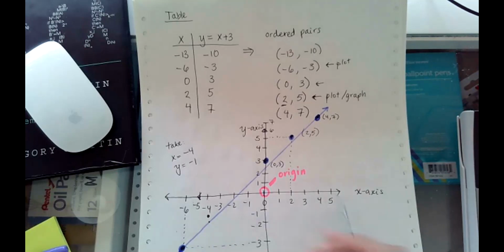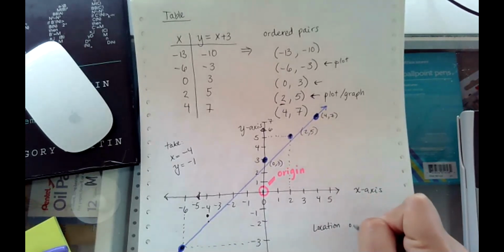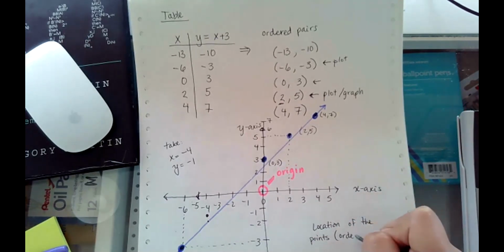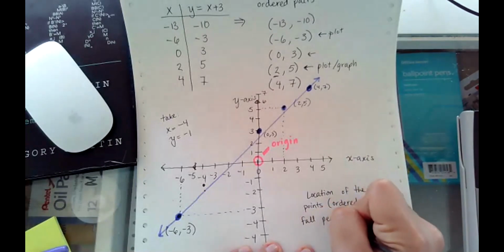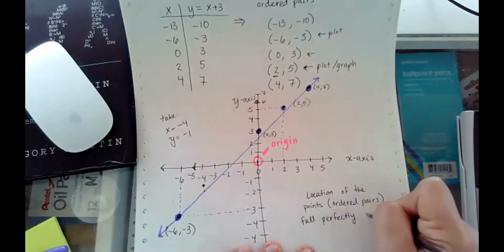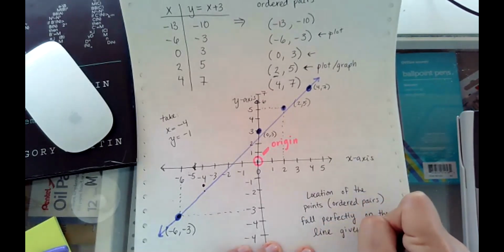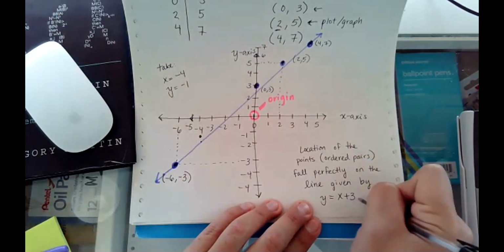Okay, so the location of the points for the ordered pairs fall perfectly on the line given by the equation y equals x plus 3.